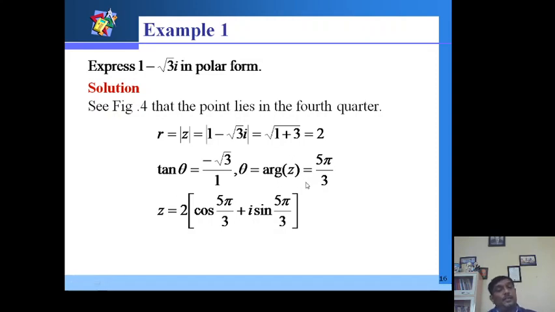The principal value must lie between minus pi and pi. Tan theta is minus root 3, so the reference angle is pi by 3, and this gives 5 pi by 3.